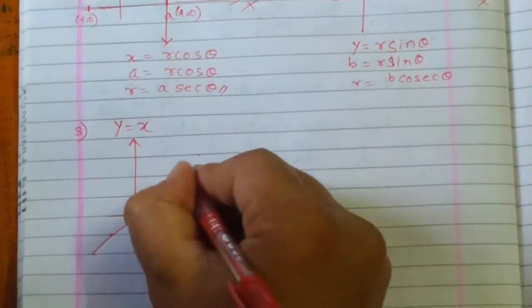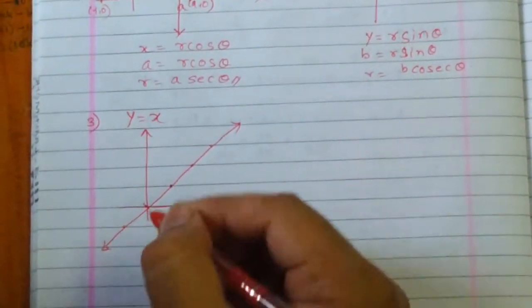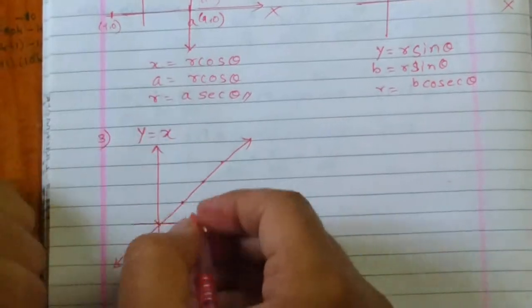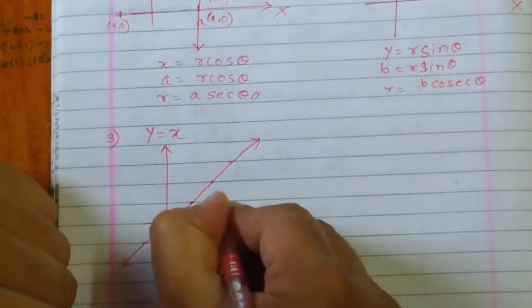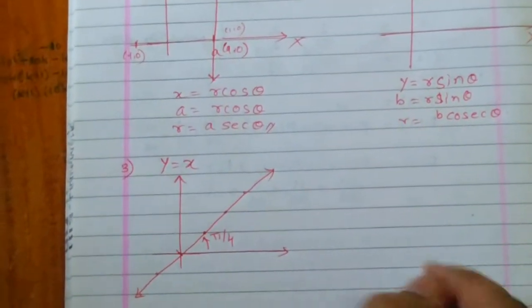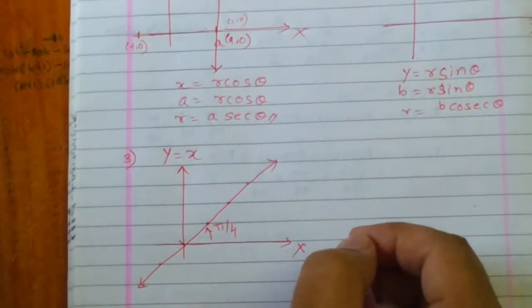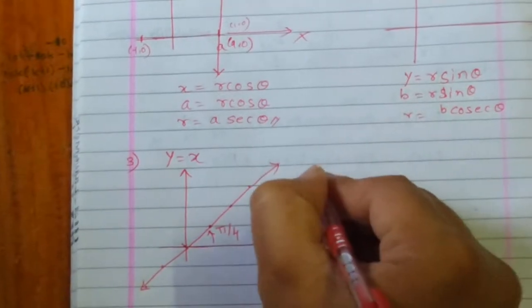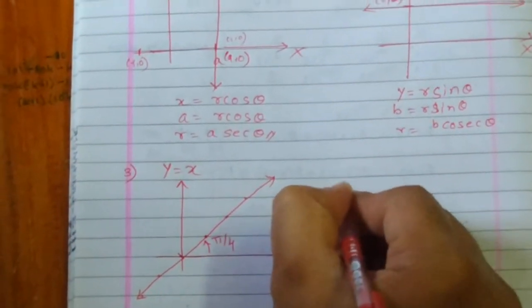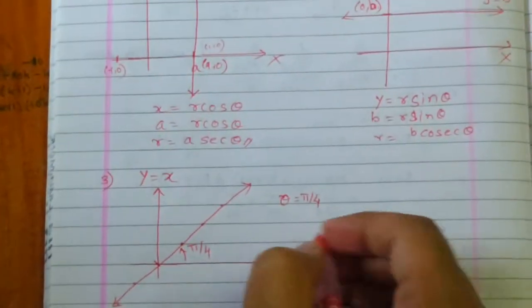So this is your line which cuts quadrant 1 exactly into two parts. The angle made by this line with the x-axis is pi by 4. Hence the polar equation of this line is theta is equal to pi by 4.